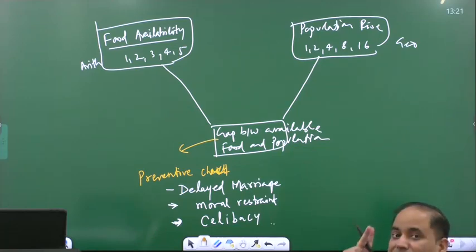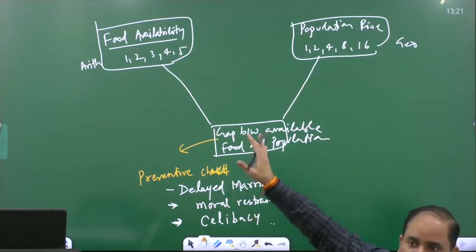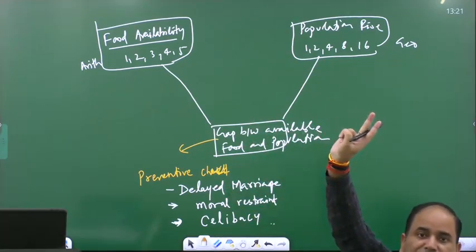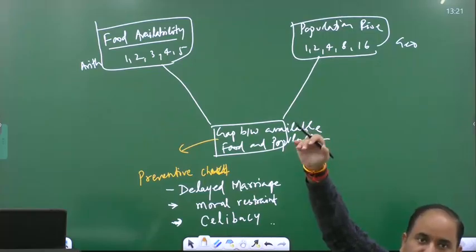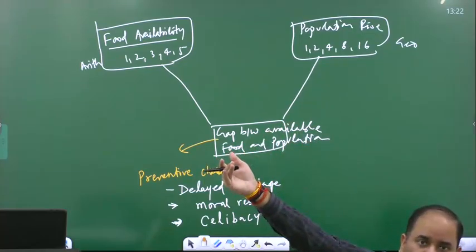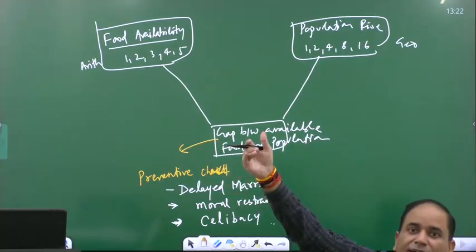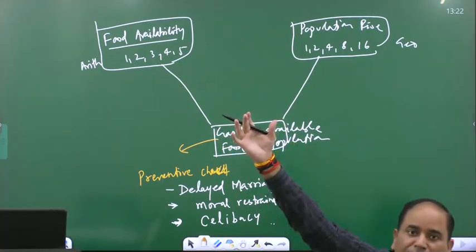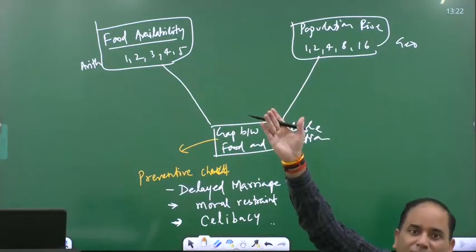Malthus has written all this in his essay in 1798, which is early 19th century, and early 19th century Europe was very developed.